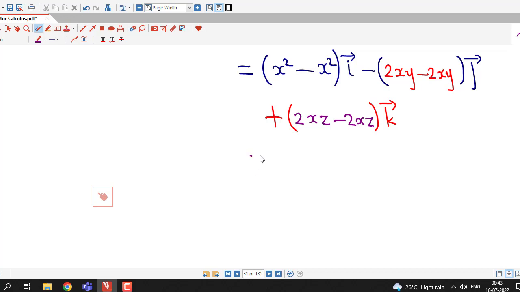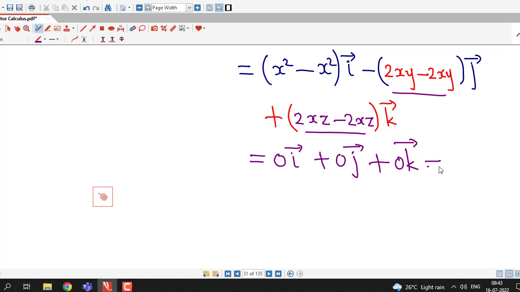Now we can see we have x square minus x square, that is 0, then 2xy minus 2xy, that is minus 0j, or because of 0 we can write plus 0j also, and 2xz minus 2xz, that is 0k, so we obtain 0 vector.